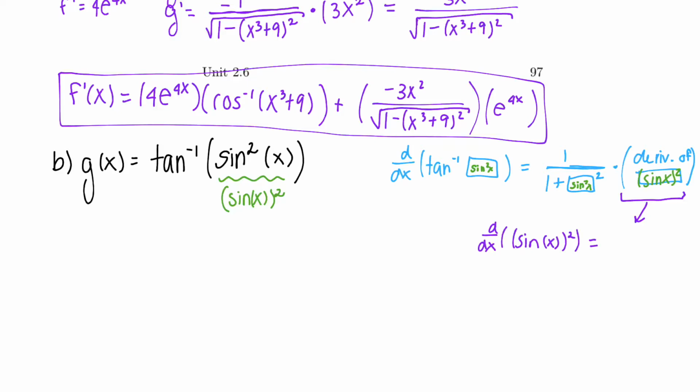Where you take the derivative of the outside, so that's 2 sine x, that's just power rule here. Take the 2 down, sine x, reduce 2 by 1, so it becomes 1. So 2 sine x, and then the derivative of sine x is cosine x. Right? Really important there that you're doing chain rule on that guy.